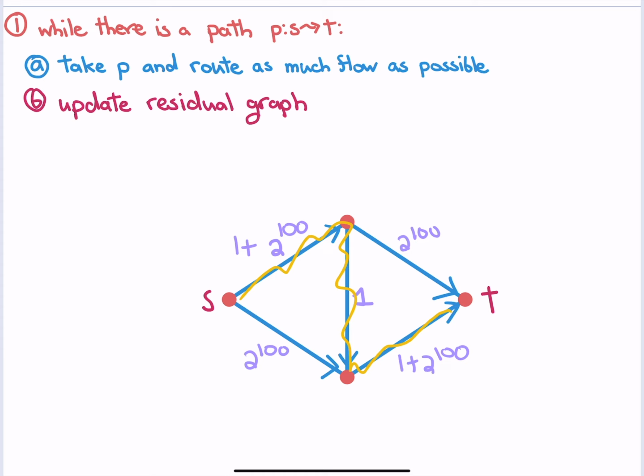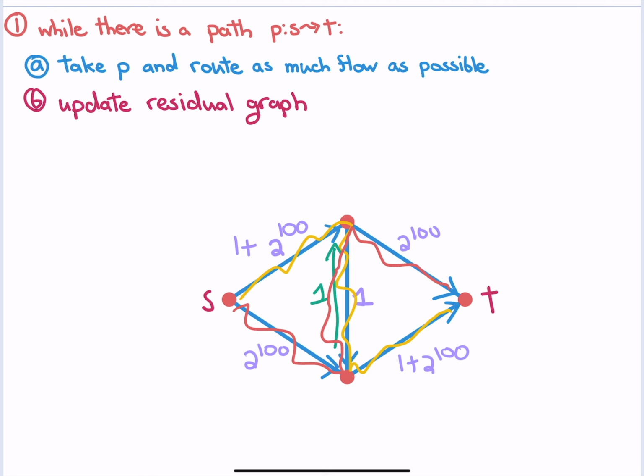And that's going to add back 1 edge with 1 unit of capacity. And if you're not clever, you're going to run 1 unit of flow. And so each iteration, you only put in 1 at a time, and you have to spend 2 to the 100 or whatever iterations to get it to all go through. Okay? All right. So as things stand, it's not an unreasonable algorithm, but it's not quite polynomial time.